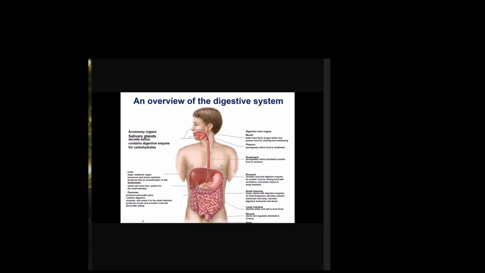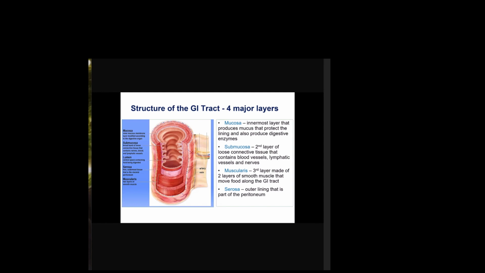And then we have the pancreas, which produces pancreatic juice. We know the pancreas produces insulin and glucagon, but it also secretes pancreatic juice that contains enzymes that will complete digestion.